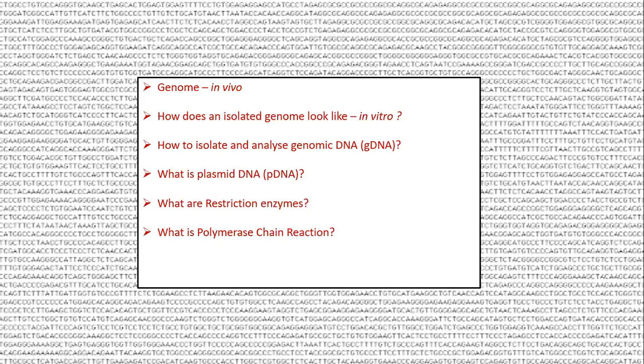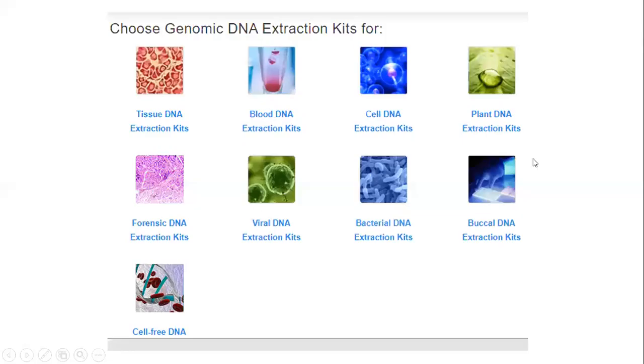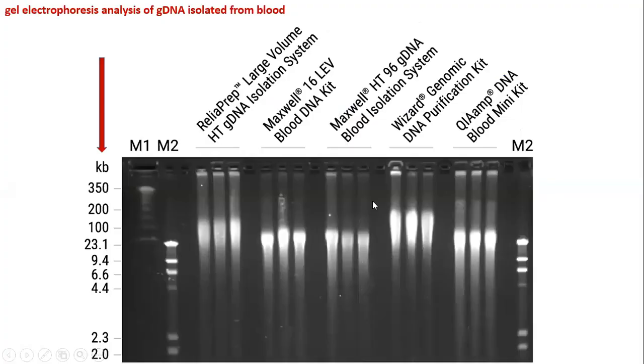So there are two kinds of DNA, gDNA and pDNA. In terms of native conformation, genomic DNA always looks supercoiled, but plasmid DNA looks in variable forms. We will see that here.